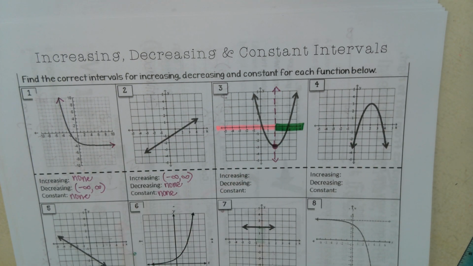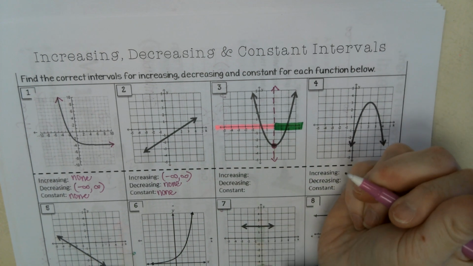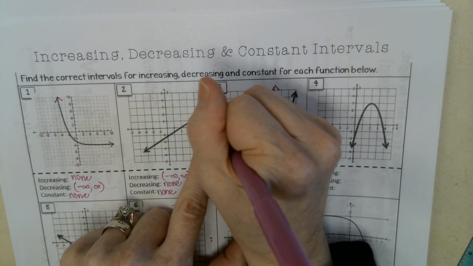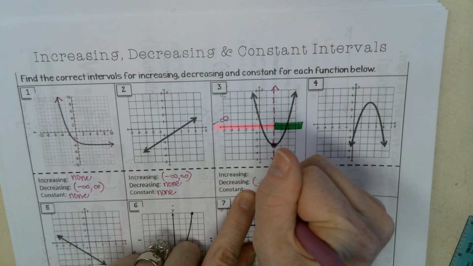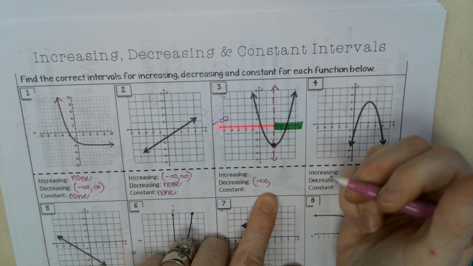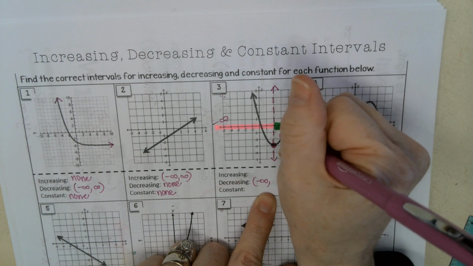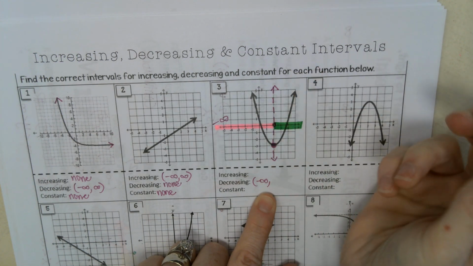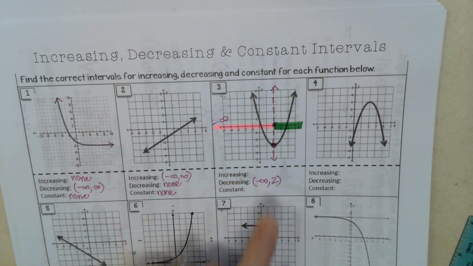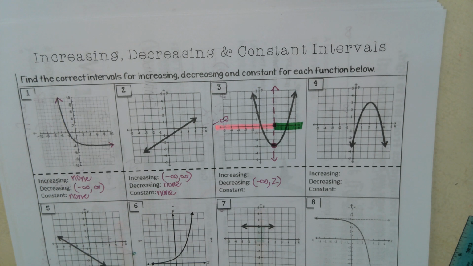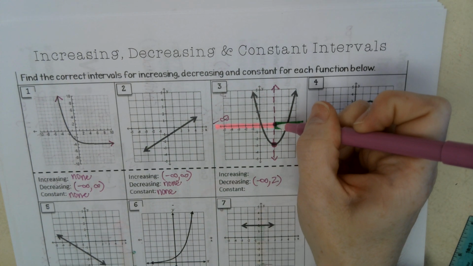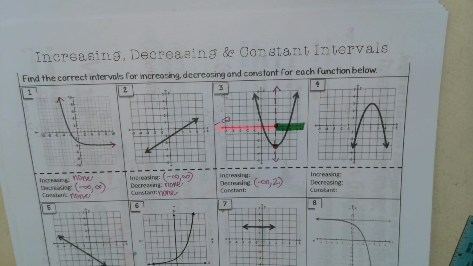So I have 2 different types of intervals here. Okay? It is decreasing from negative infinity until I get to what value? Until I get to 2. Remember, we are writing this according to our x values, hence why I marked the x-axis.